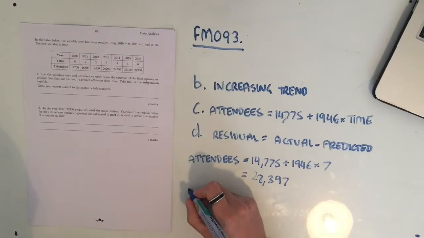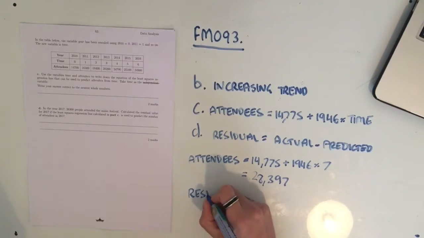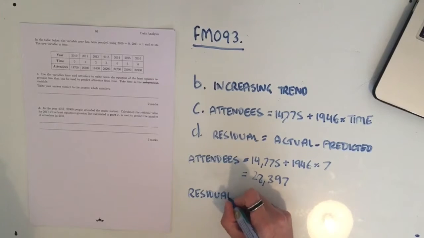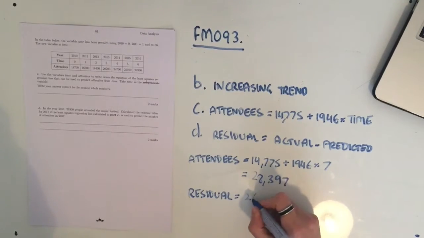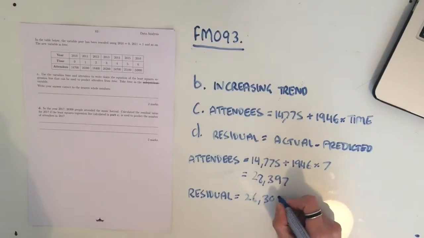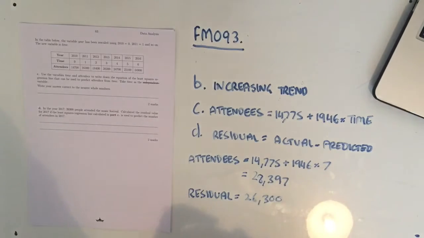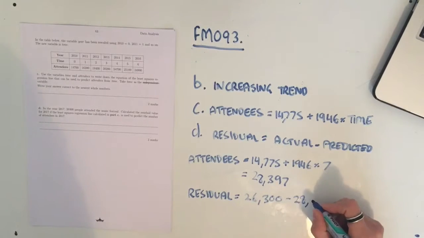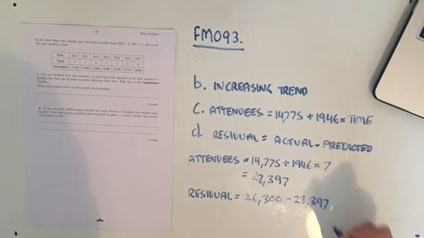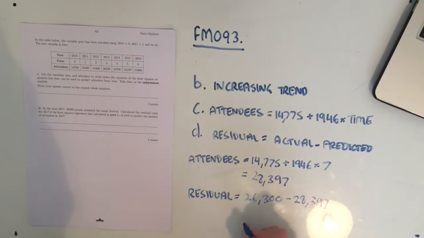Now to calculate our residual, it's our actual number, which is 26,300, minus 28,397. This gives a final answer of negative 2,097. And yes, the negative is important when we're calculating residuals.